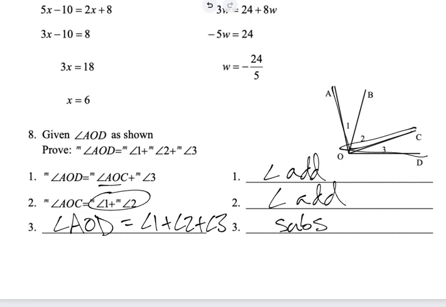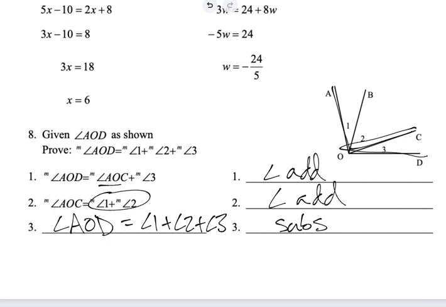So again, properties of algebra: add, subtract, multiply, divide, but you also have substitution, division, distribution, transitive, lots of different properties that you can use. Reflexive is one of the ones we're going to see. So you need to have all sorts of options, but you're just explaining how I knew each step.